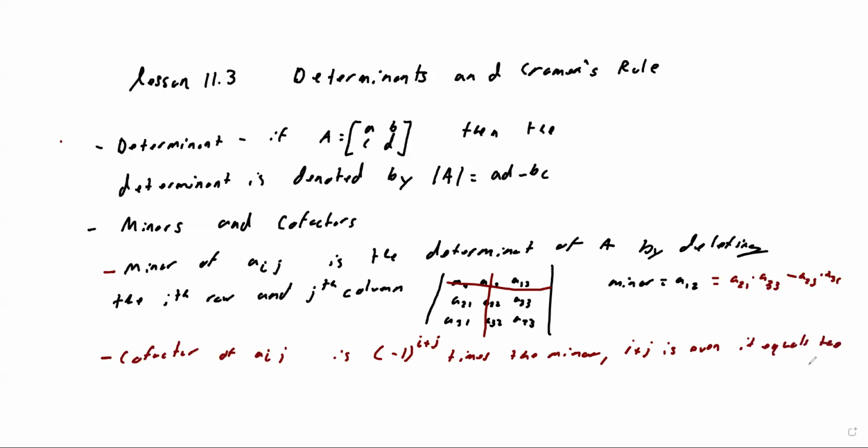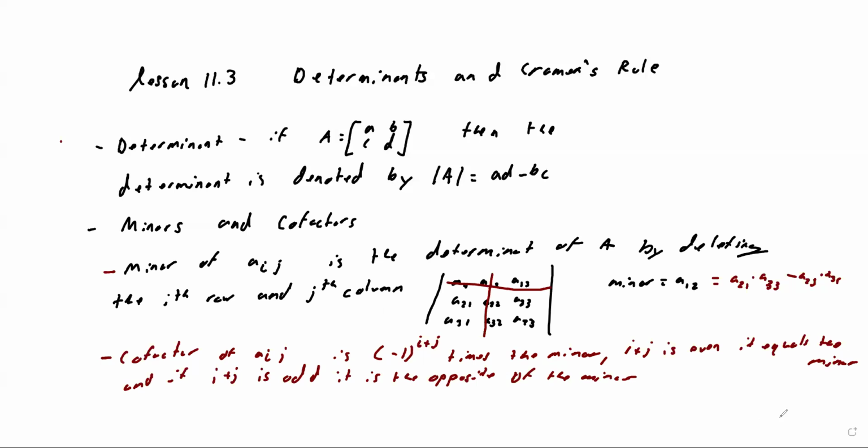And if i plus j is odd, it is the opposite of the minor. Meaning if the minor ends up being 2, then the cofactor, if i plus j is odd, is -2.